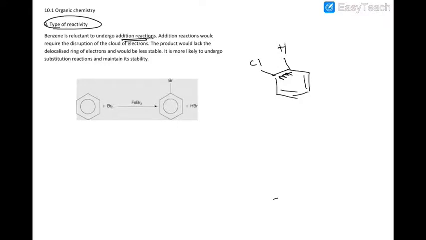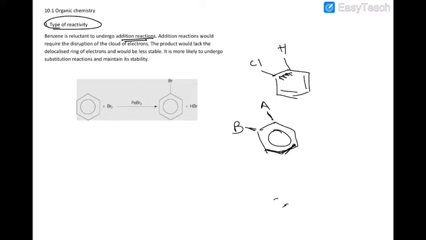But benzene is very reluctant to undergo addition reaction. It would mean that you have to disrupt that cloud. That very stable cloud would have to be disrupted to be able to add 2 atoms over that structure.